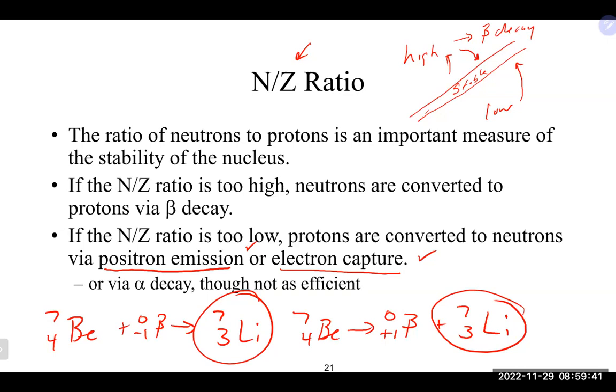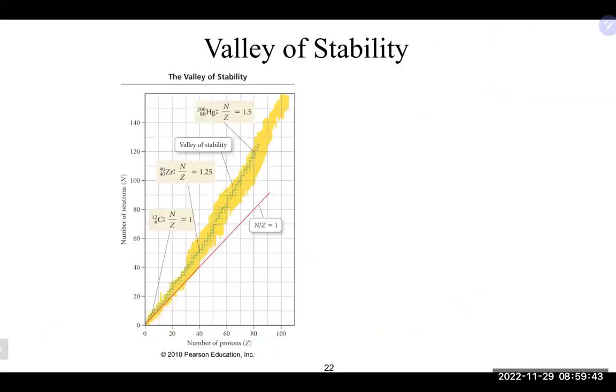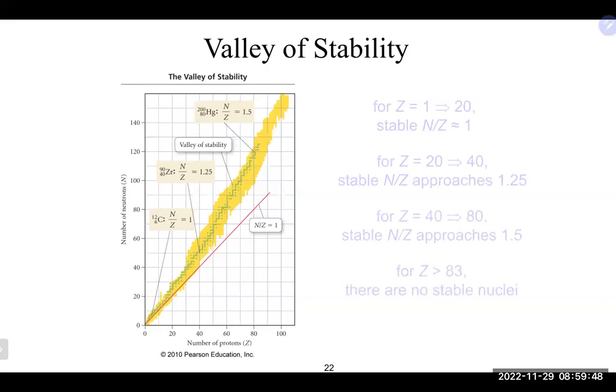So how do we know what sort of an acceptable ratio for our neutron to proton ratio is? It was sometimes referred to as the valley of stability, or sometimes the belt of stability. And that's the sort of yellowish line there where we have a nice ratio of stable elements. If your atomic number is somewhere between 1 through 20, a stable ratio is a ratio of 1.